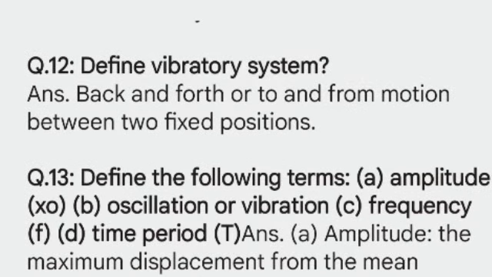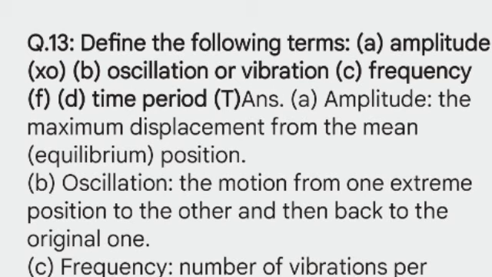The next question: define a vibratory system. Answer: back and forth, or to and fro motion between two fixed positions. The next question: define the following terms: amplitude, oscillation, frequency and time period.